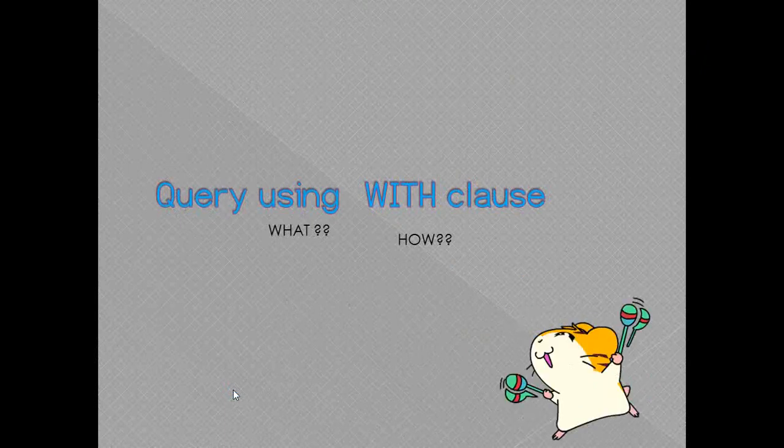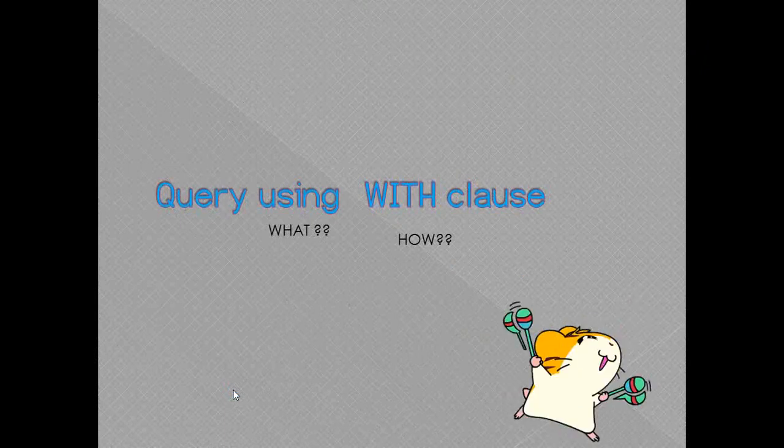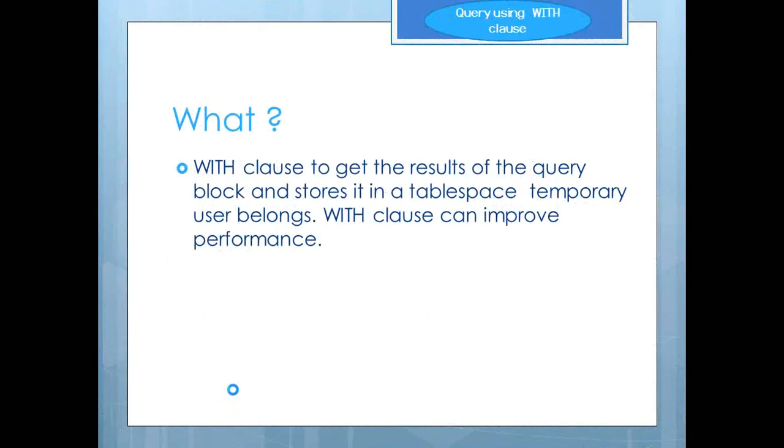And the last subject in this lesson, query using the with clause. What and how? The with clause gets the result of the query block and stores it in the user's temporary tablespace. The with clause can improve performance.